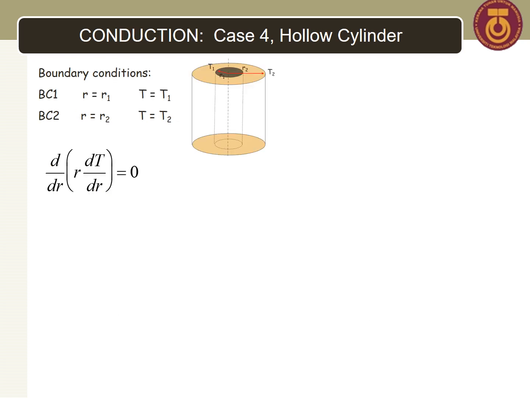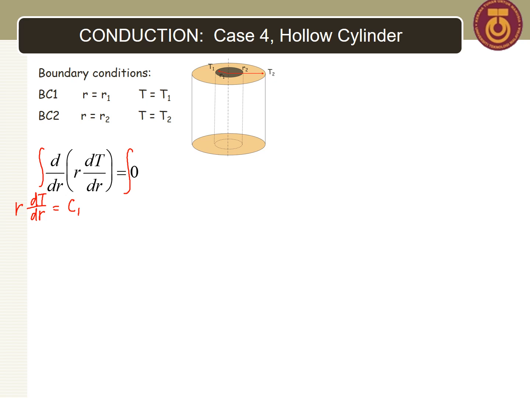Okay, so now let's integrate this equation 2 times. Okay, let's do the first integration. Then we get r dT over dr equals to, when we integrate 0, we get a constant. Let's term it as c1. Now we need to rearrange, so move the r to the right side of the equation.